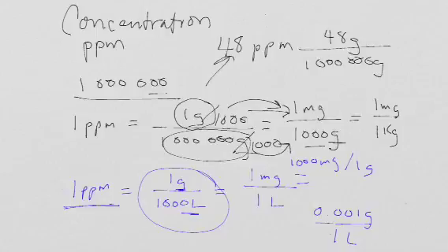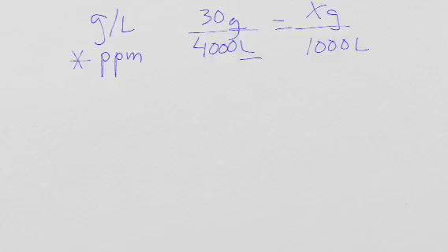But here, what's the equivalency of 30 grams in 4,000 liters? How would you solve something like this? You cross multiply. This is not a mathematically hard problem. You just have to be able to decode them.